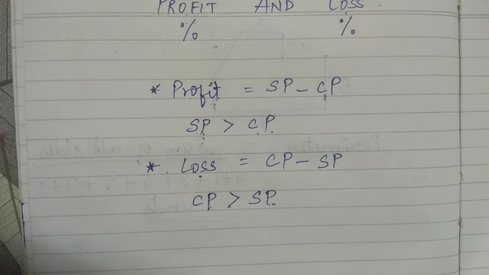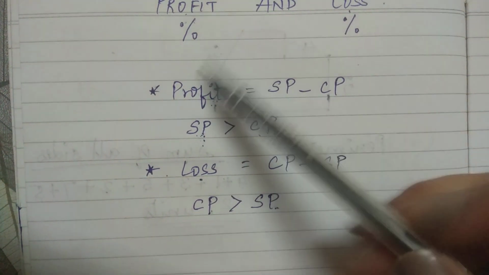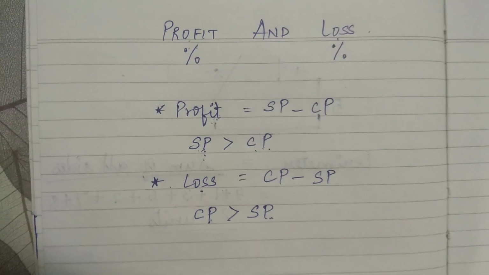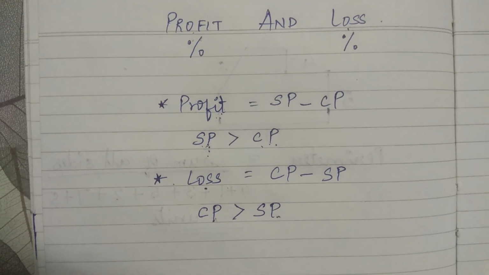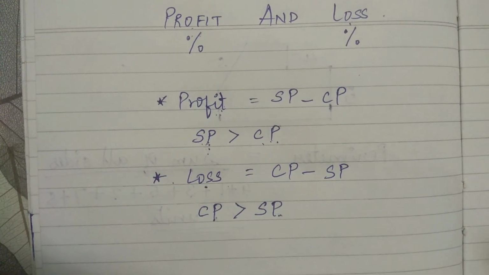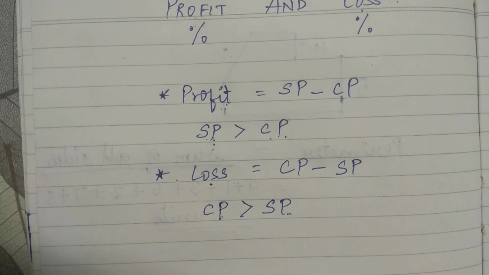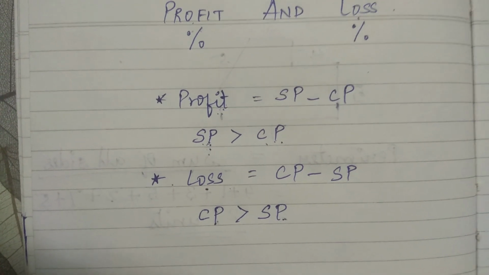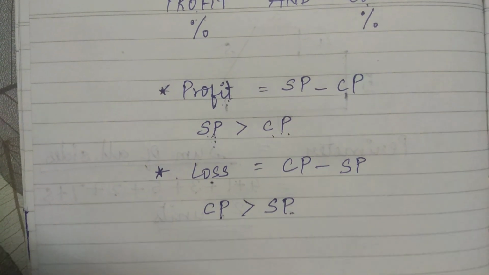Now these basic things we already know. Now we are going to see how to find profit percent and loss percent. Whenever we hear from anyone, we never say that I had a profit of rupees 50, a profit of 1000, a profit of 1 lakh or 10 lakh, or I incurred a loss of 5 lakh.